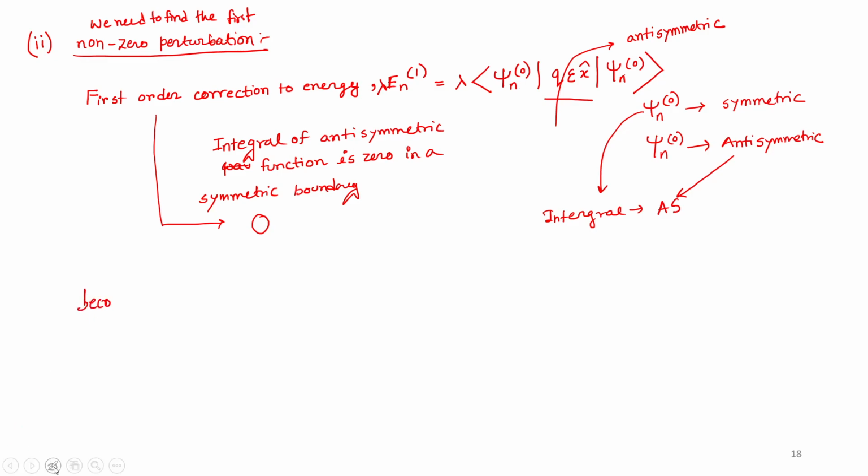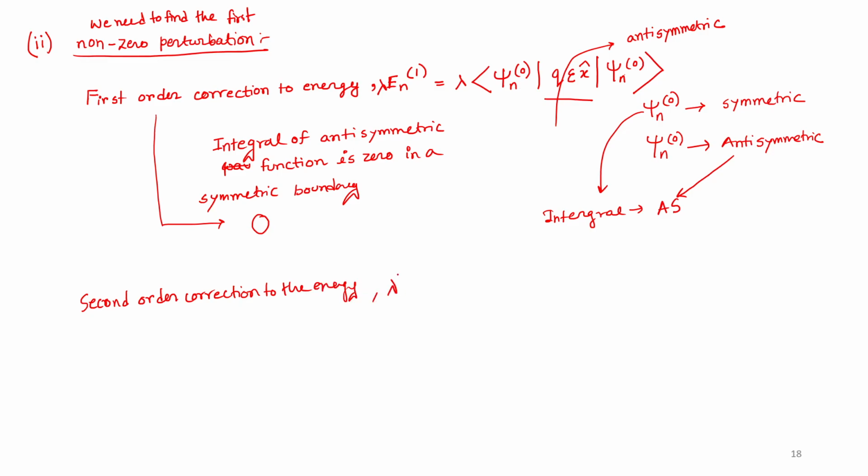What about the second correction to the energy?